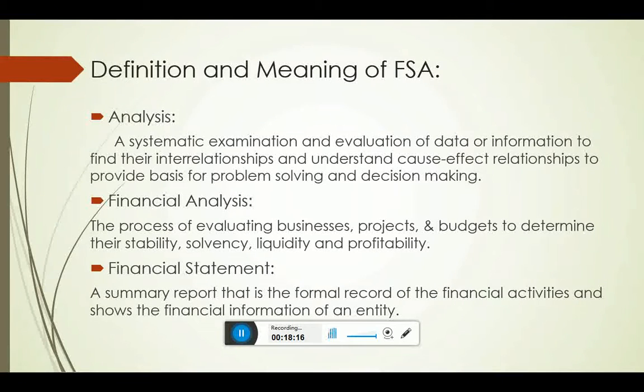And what is that here? Here we want to find out the stability, the solvency, liquidity and profitability. Once we have found out the stability, solvency, liquidity and profitability of our subject, our business or project or budget, then we can make effective and efficient decisions, right?